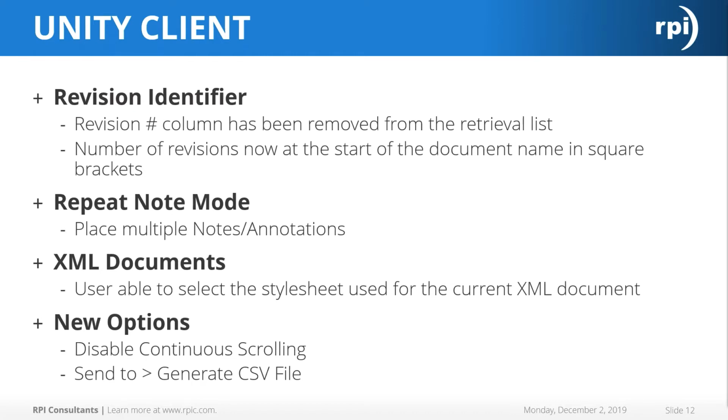So this is just going to be a little bit of a user difference if people are used to seeing the revision in its own column. Now it's going to be at the start of the document. It's also important to note that the revision number will not impact sorting the document type name column. So it will still sort alphabetically or however you're sorting it. That revision number will not impact that sort.